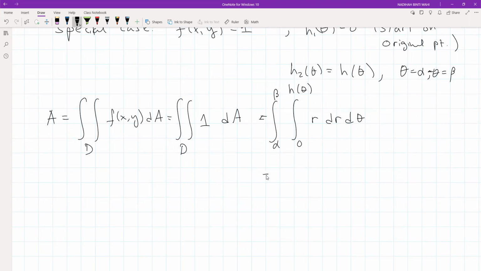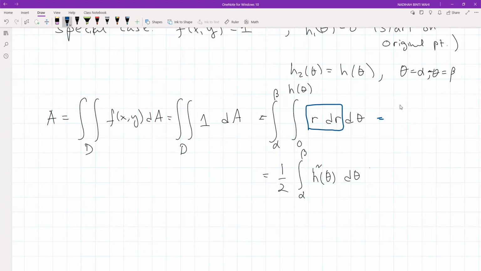Okay. And then this will be 1/2 of the integral from alpha to beta. It's just h squared of theta. Sebab apa? Because this one is what? This one is just the inner part.